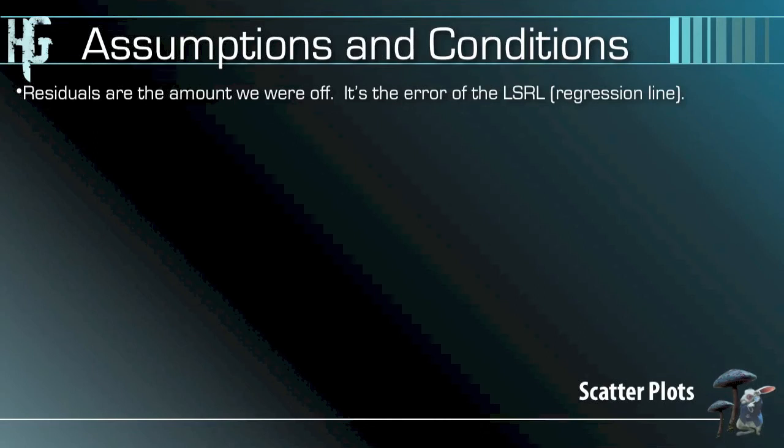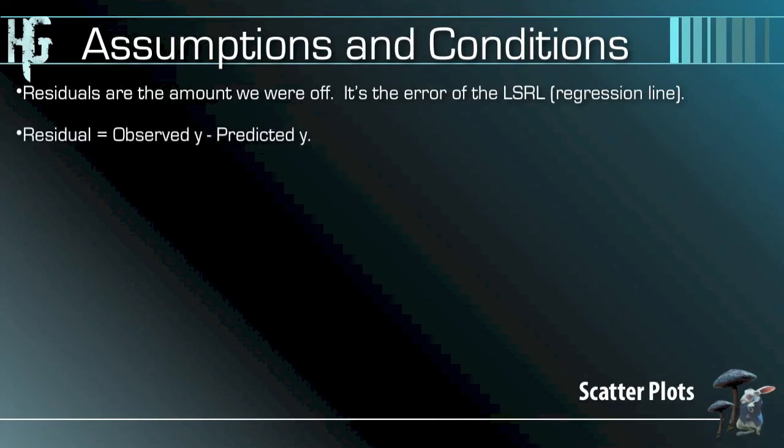A residual value is observed minus predicted. A positive residual means that I overestimated. A negative residual means I underestimated the value. When you're using and talking about residual values, you're really talking about the actual value minus the predicted value.